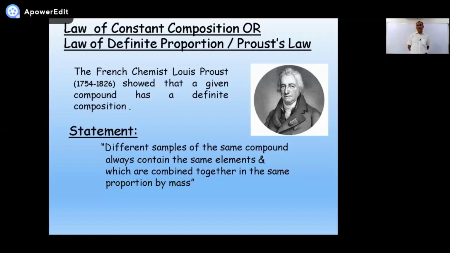Whatever the quantity of water in the jug, about 90% is due to oxygen and only about 10% is due to hydrogen. The same is true of the glass containing water. About 90% is oxygen and just 10% is hydrogen. A compound always contains the same percentage, the same masses.